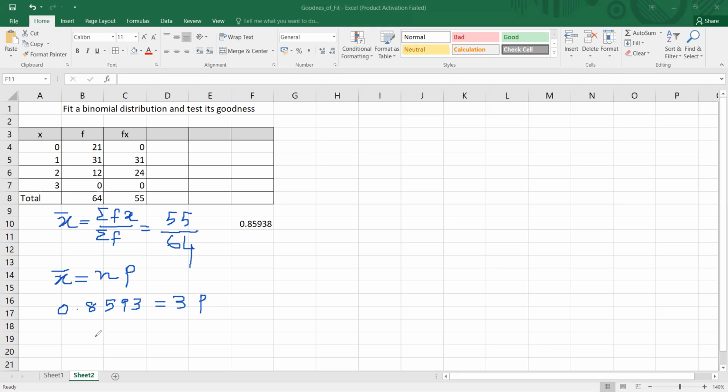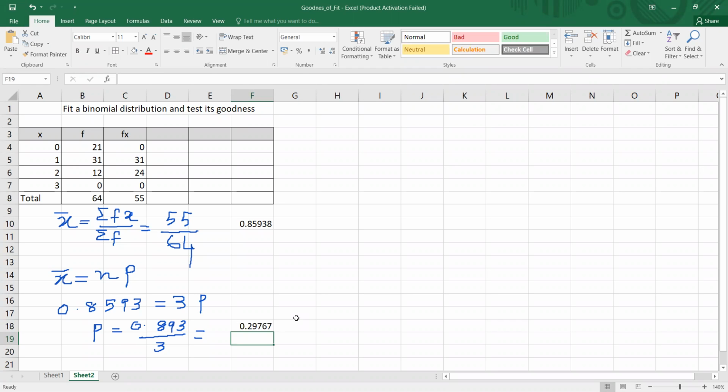Now cross multiplying, p is equal to 0.8593 divided by 3. This is the estimated value of p, which is 0.29767.